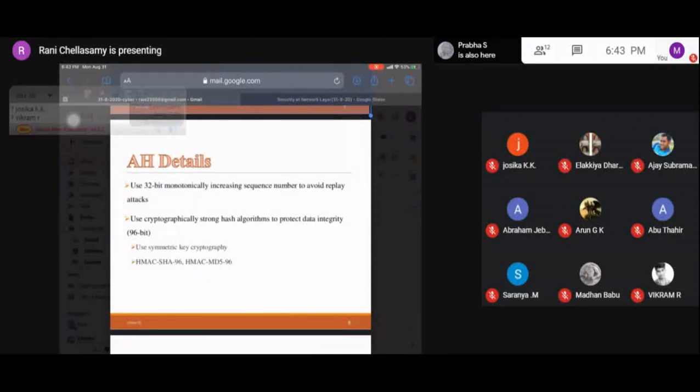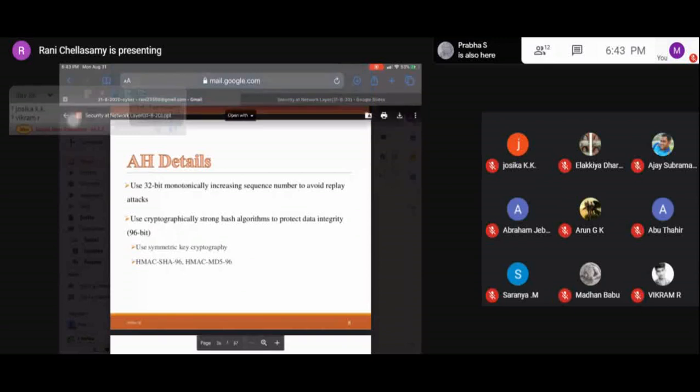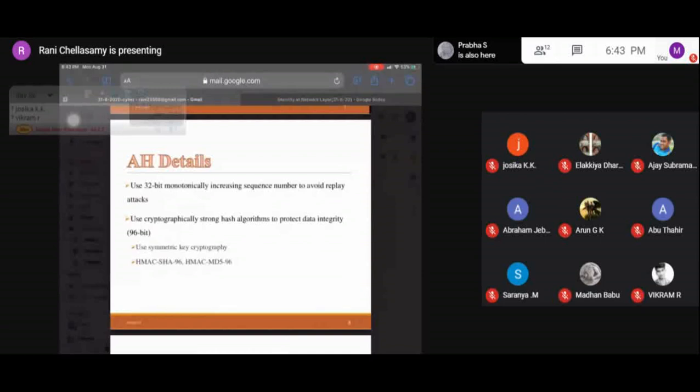AH will use these strong hash algorithms to protect data integrity. See here, SHA-96, where 96 bits of the message are used for the hash, and for this they use symmetric key cryptography as well as HMAC-SHA-96 and HMAC-MD5-96. Okay, fine.